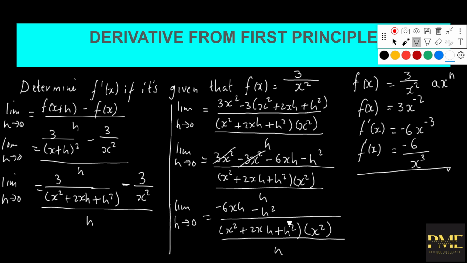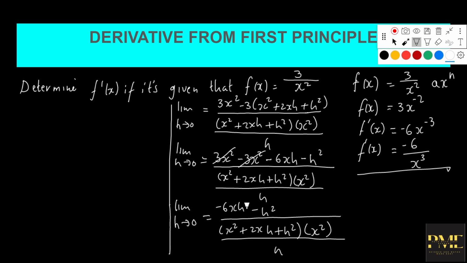Okay. Right. So I think we can see here guys that we have a common factor here of h. You see we have a common factor here of h. So when we take out the common factor, it means with that common factor we are able to cancel that h at the bottom. So let us do just that. So we continue here just for space sake, so it's the limit where h approaches 0.